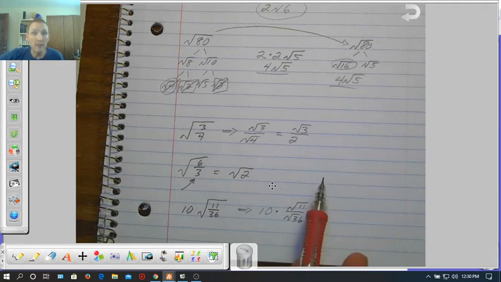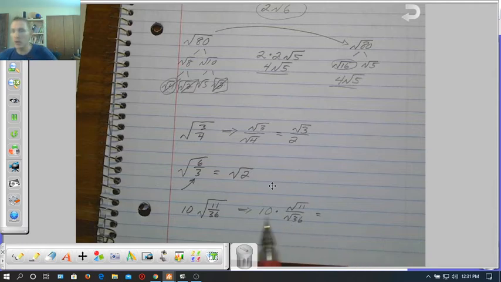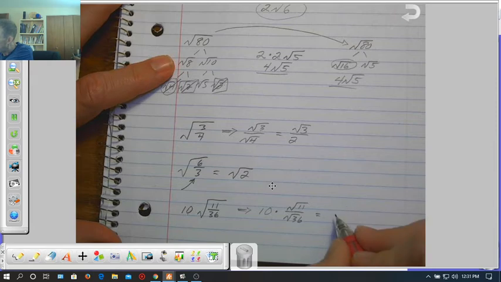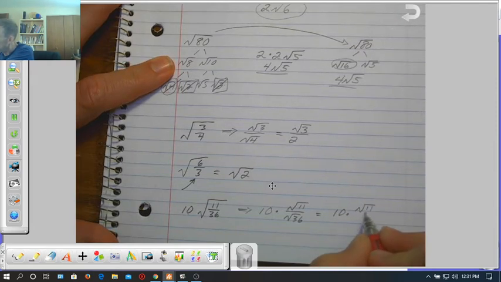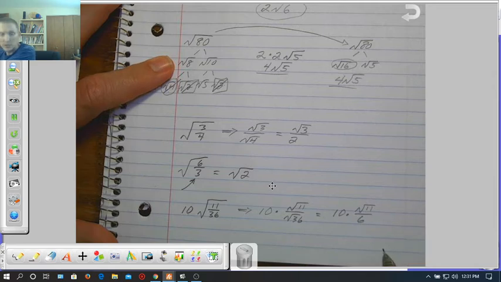So I have taken the 11 and the 36 and I've split up that fraction. Now, if I look in the bottom, yay, good news, radical 36 is a perfect square. So let's go ahead and do that. Let's put the 10 times in front, radical 11 over 6.